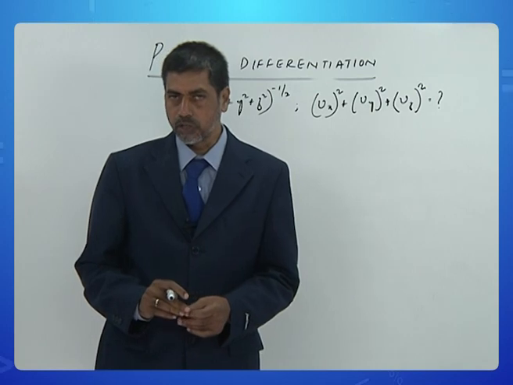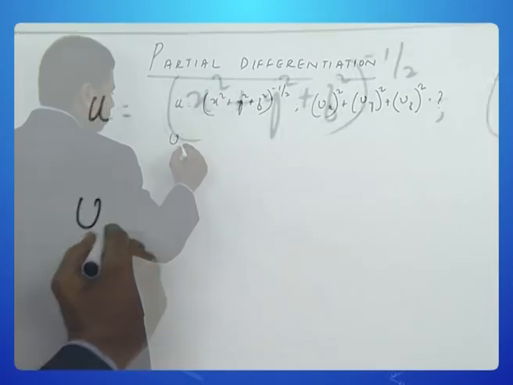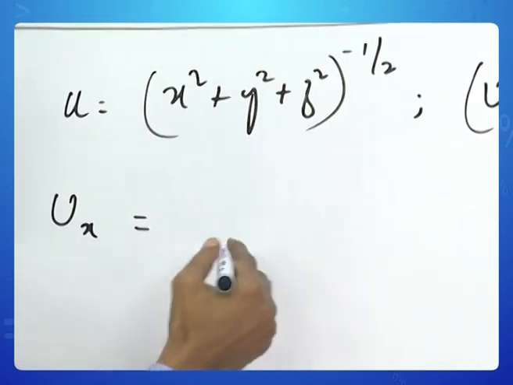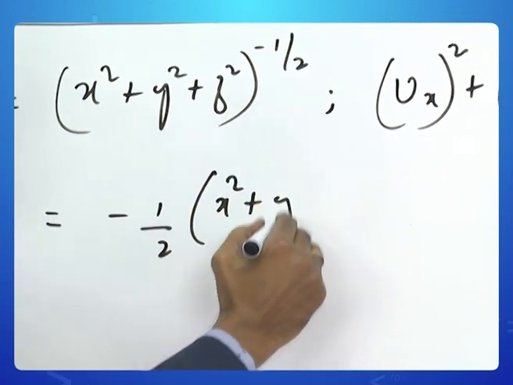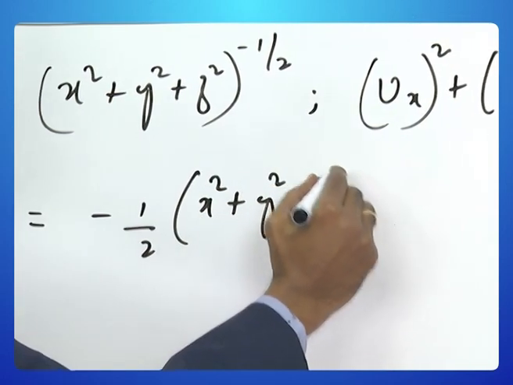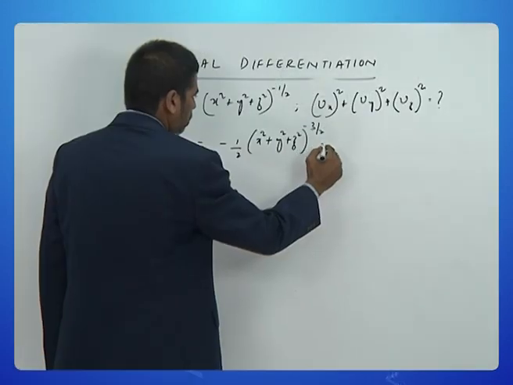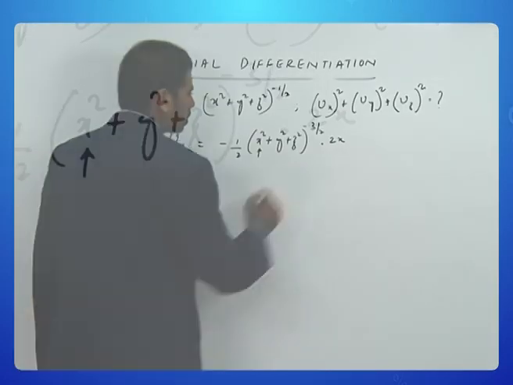So let me show you the computation of ux first. Ux is equal to the differentiation of this power function: minus half, x squared plus y squared plus z squared power minus 3 by 2, into the derivative of x squared, which is 2x.